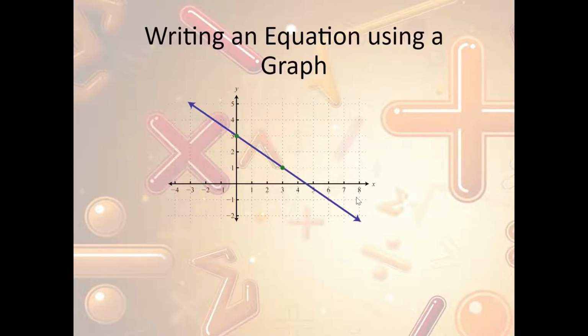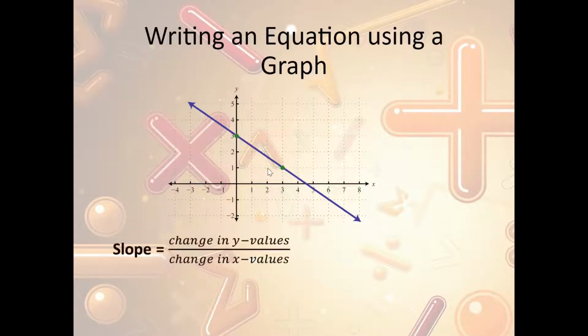Now, how do I write the equation from a graph? Well, I'm going to use the slope, which is the change in the y values over the change in the x values. So I'm going to pick out 2 points. Luckily, they've already done it on the graph for me. I picked this point, and I'm going to calculate the change in y. So how far down in this case did I go to get to here? Well, I went down 1, 2. So my change in y is negative 2.